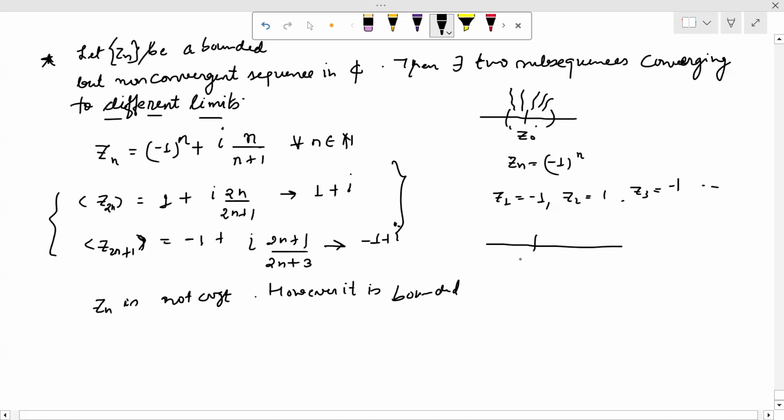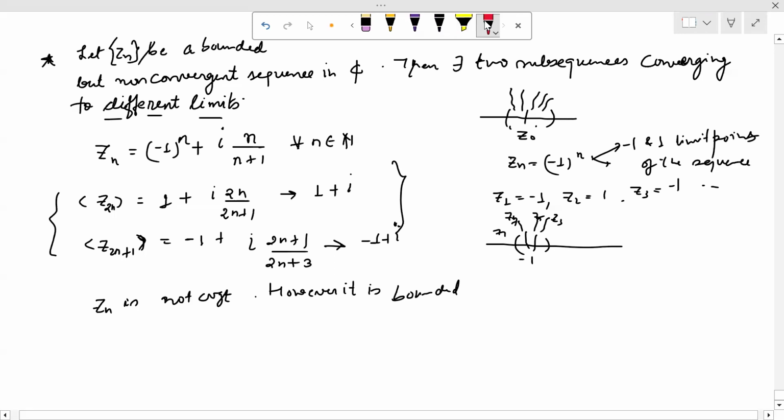If I make any neighborhood of minus 1, there are infinitely many members of the sequence, because z3 is also minus 1, z5 is also minus 1, z7 is also minus 1. So clearly minus 1 and 1 are two limit points of the sequence.